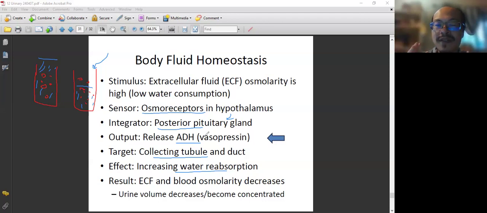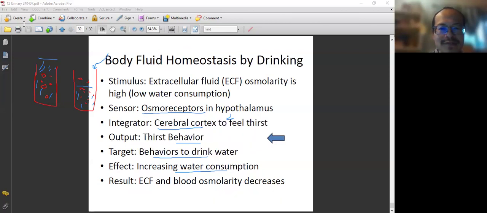That's one pathway, a hormonal pathway. We also have a behavior pathway, because now you have less water. Just make it easy: drink some water. Same thing here: you lose a lot of water, so your blood becomes condensed.